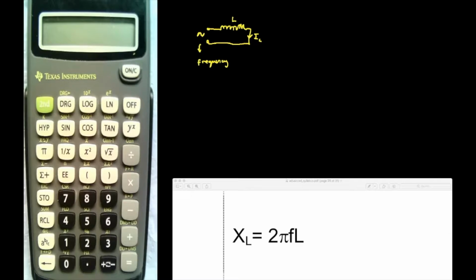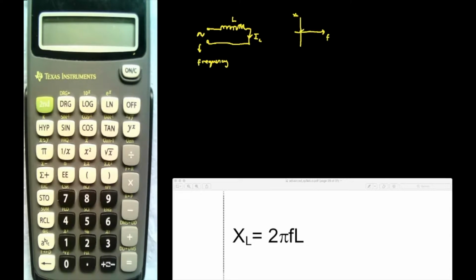And you may recall, we don't need this for the calculation per se, but you may recall there's a graph with frequency and XL, and basically at DC, when frequency is 0, the inductive reactance is 0 because there's no changing magnetic field, so there's no back EMF, so there's no opposition to current flow.